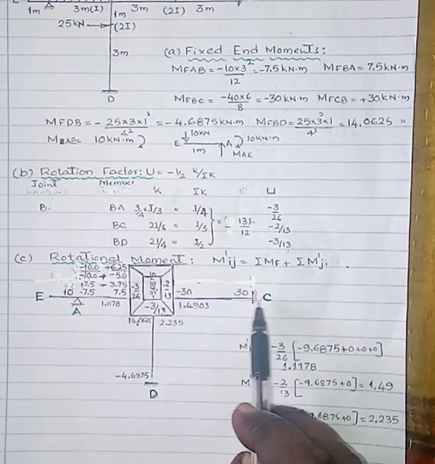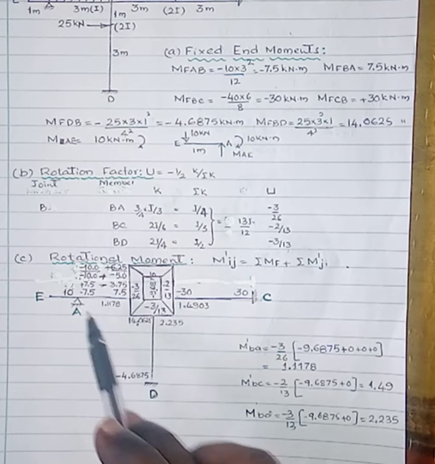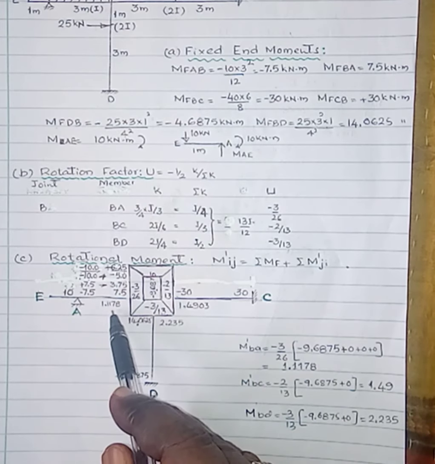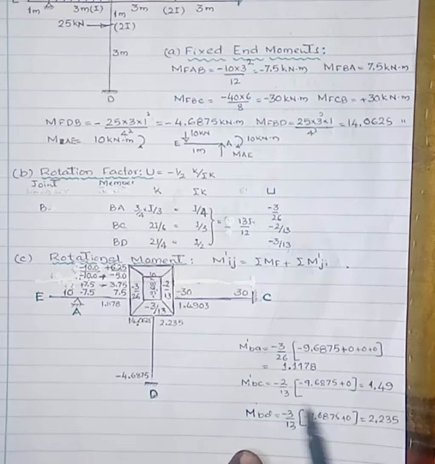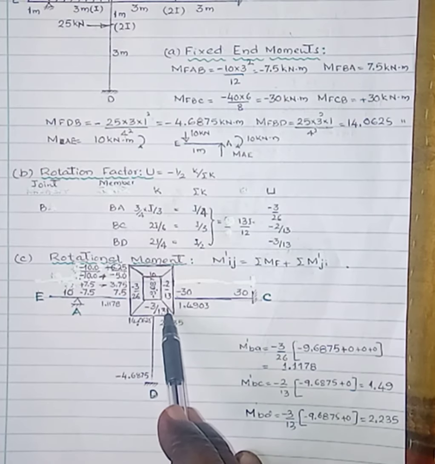The far end contribution is 0 from this end, this end and this end. After simplification you will get M dash BA equals 1.1178. That we have to write here.